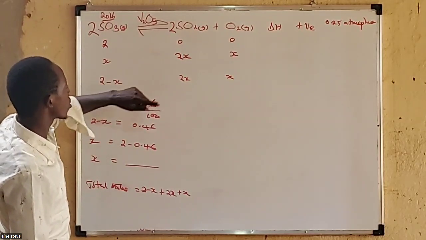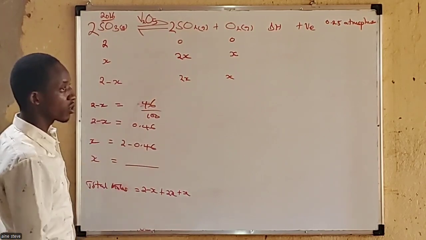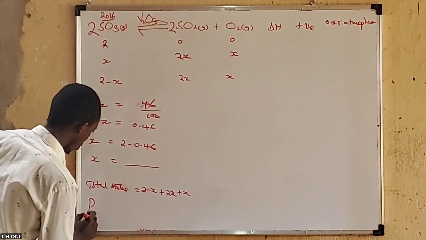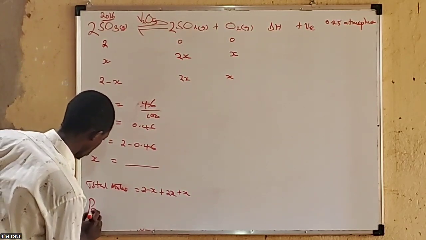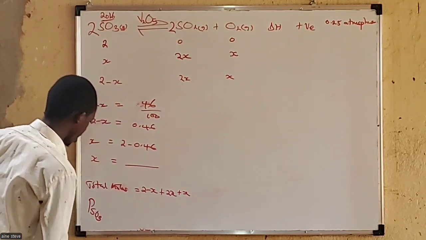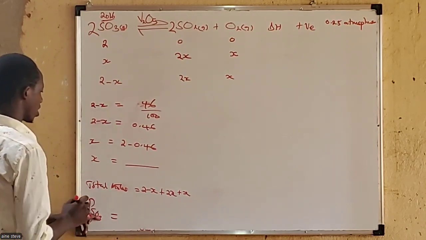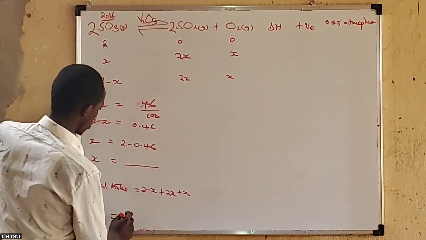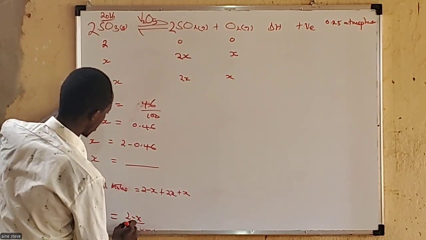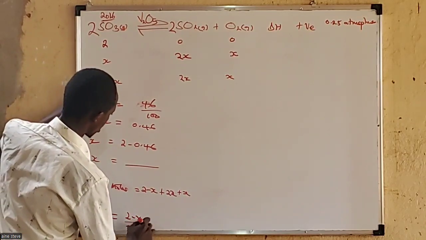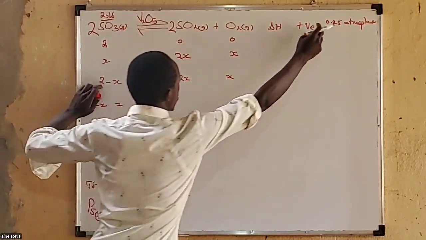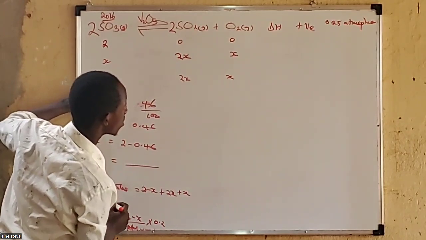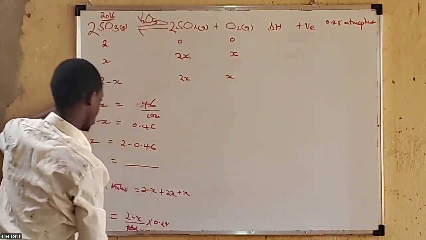You go ahead and calculate the partial pressure of sulfur trioxide, which is the same as number of moles, which will be 2 minus X over the total moles times the total pressure, which is 0.28.